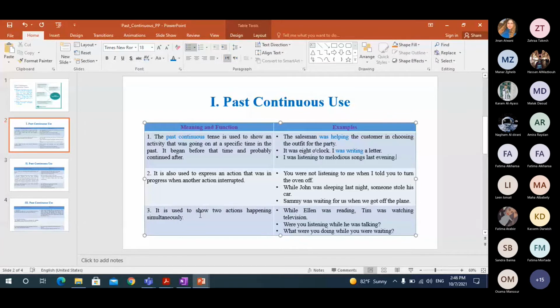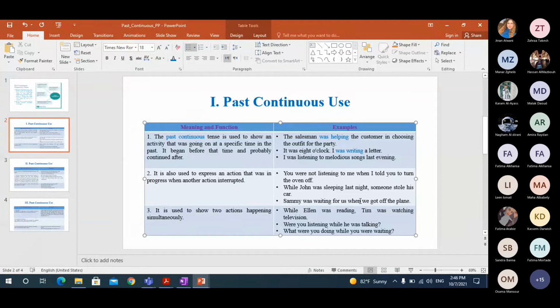Okay, and I don't have when. Here, when I have when, look, Sammy was waiting for us when we got off the plane. When we have when, simple past; while, as, continuous. Unless, I repeat, unless the verb is non-progressive. Okay? Clear? Yes. Okay.